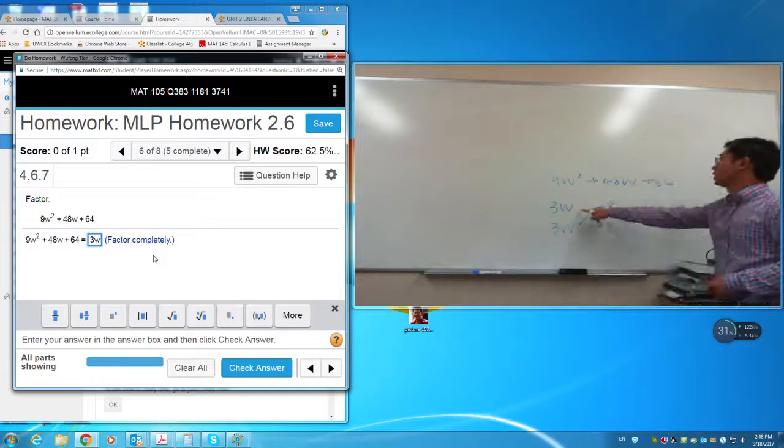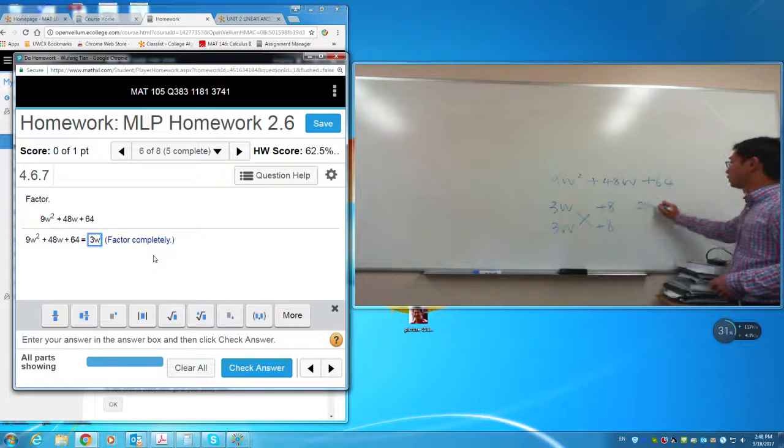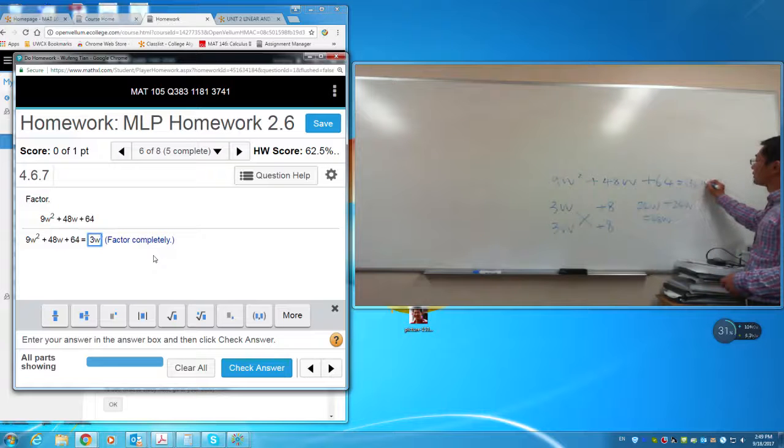Cross multiply: 3 times 8 is 24, 8 times 3 is 24, so together it gives you 48w, the middle one. So the answer is 3w plus 8 times 3w plus 8, which is 3w plus 8 squared.